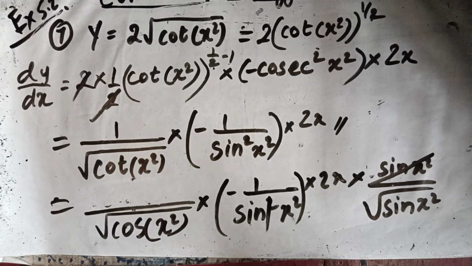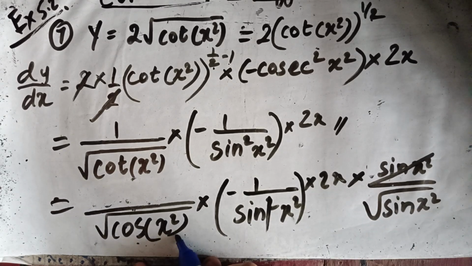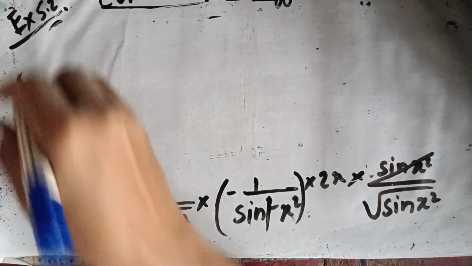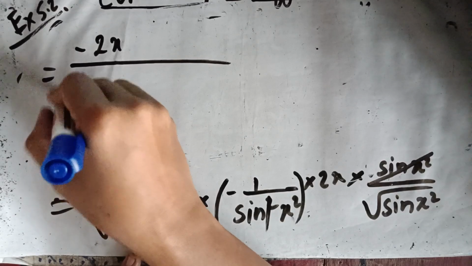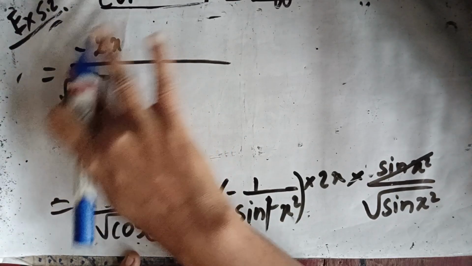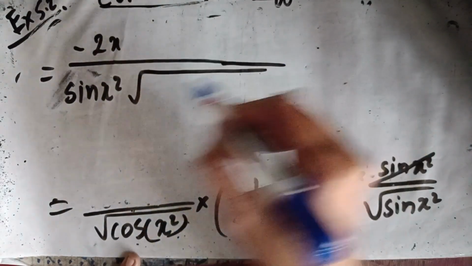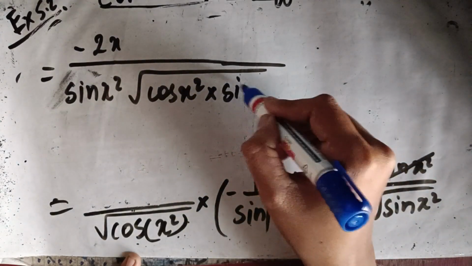Now this is root sine x square and this is cos x square. So you can write them together. So it will be minus 2x upon root, this is just sine x square. Then under root it is cos x square into sine x square.